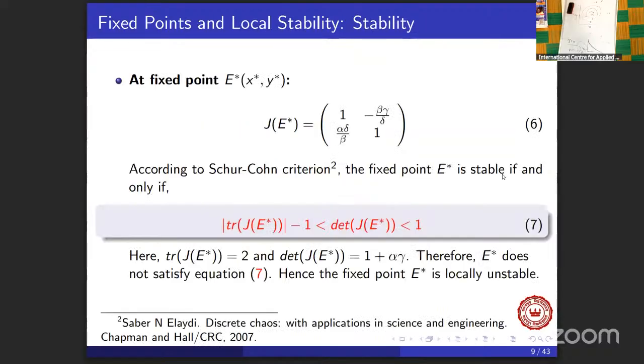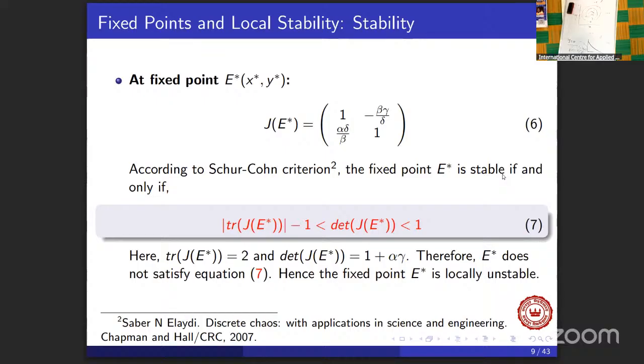At the interior equilibrium point, we need to find whether the equilibrium point is stable or not. To find this, we use the Jury criteria. What is the Jury criteria?